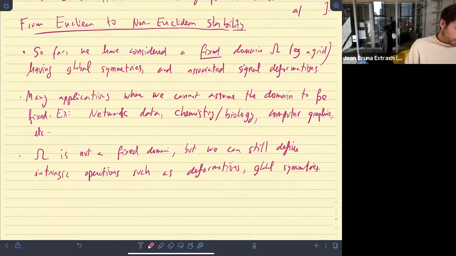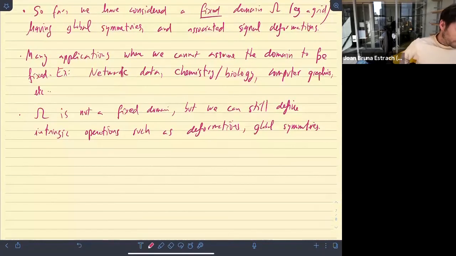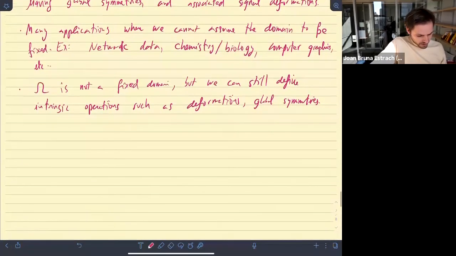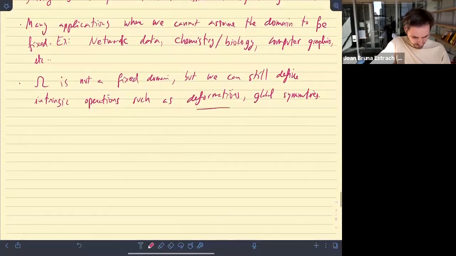Okay, so just to give you the gist of it: right now we have seen deformations of the form like that.